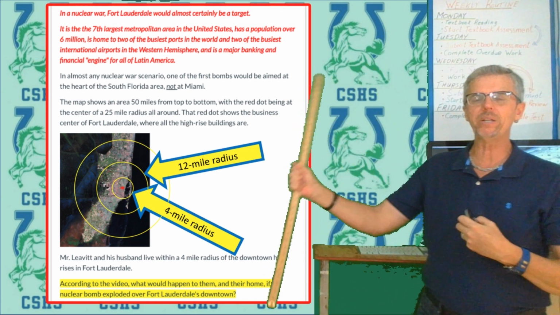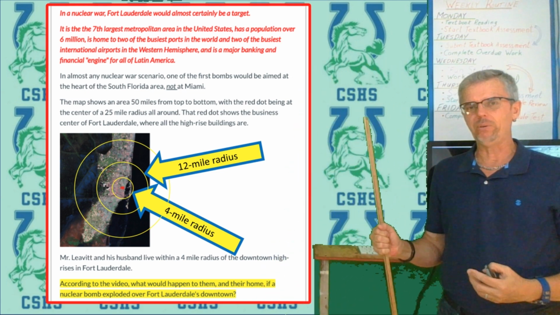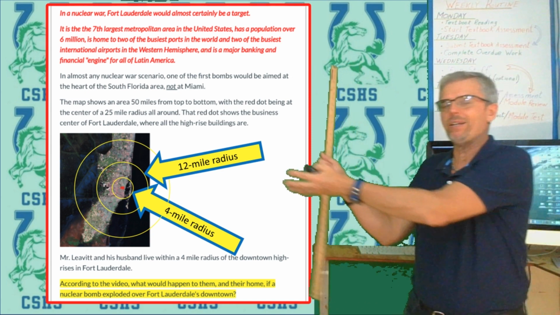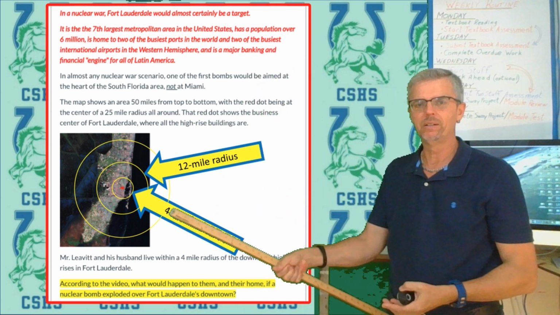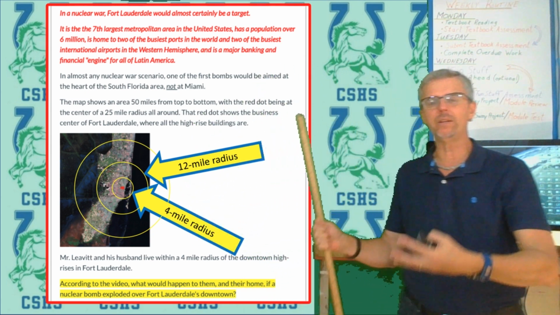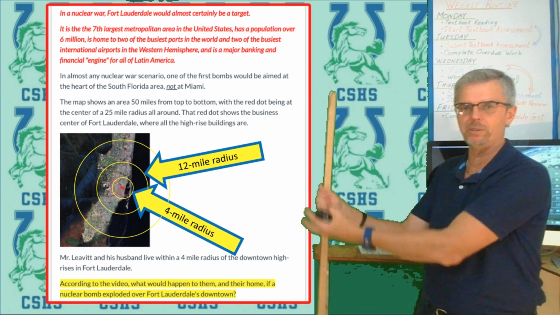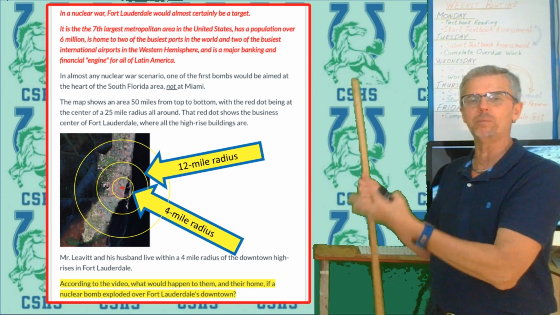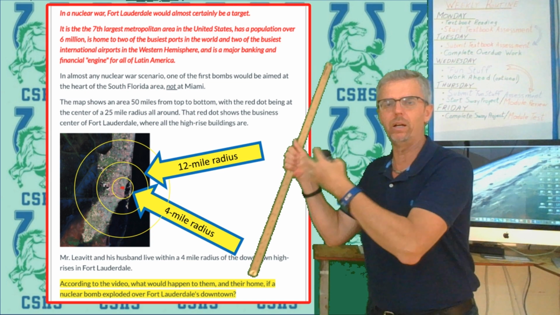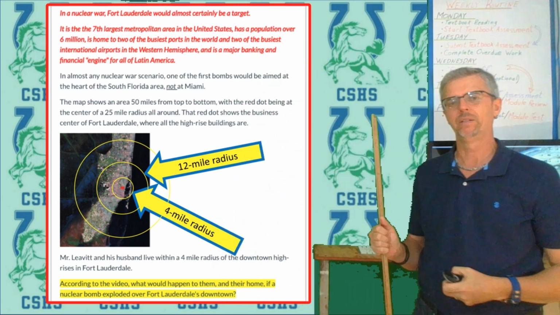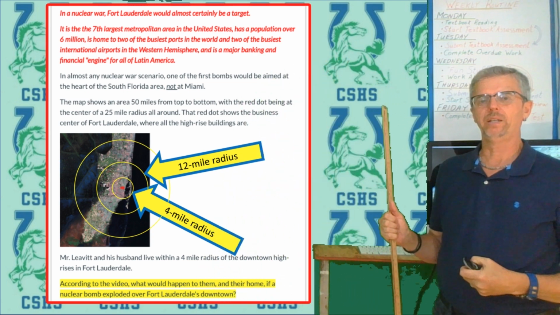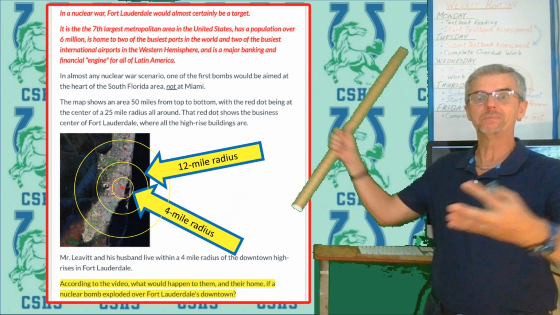So Vietnam and Korea were not about freeing the Vietnamese and Korean people. It was much bigger than that. It was about whether communism was going to conquer our way of life. And these bombs were sitting out there.